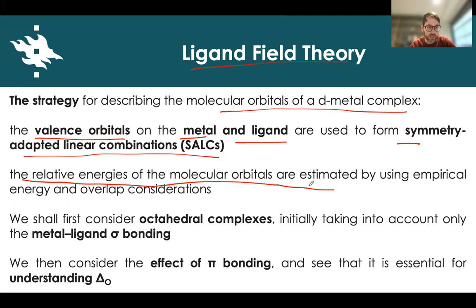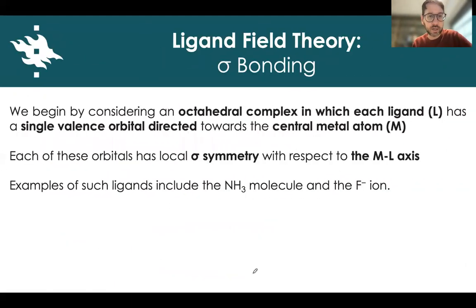And let's first consider an octahedral complex to show how this works. Initially, let's just take into account sigma bonding between metal and ligand, so bonding along the main axis of the bond. And then after that, we will consider the effect of pi bonding and see how pi bonding is essential to understand the ligand field splitting parameter in octahedral complexes.